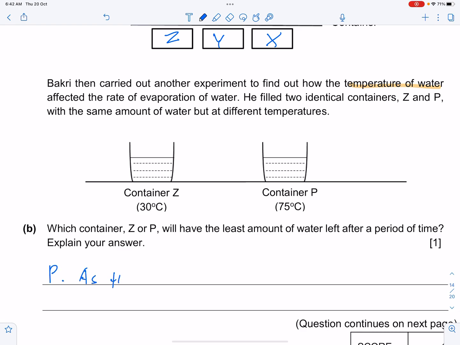as the water has a higher, make sure you use comparative words, temperature, so it has a higher rate of evaporation.